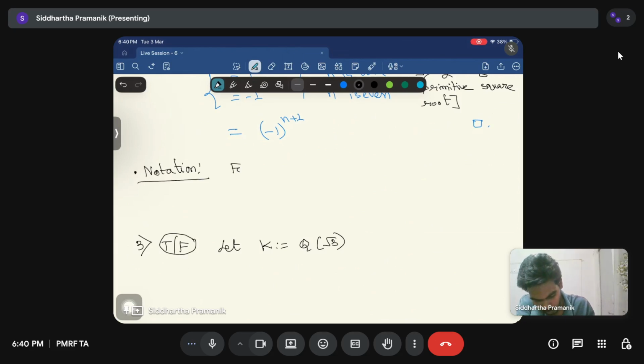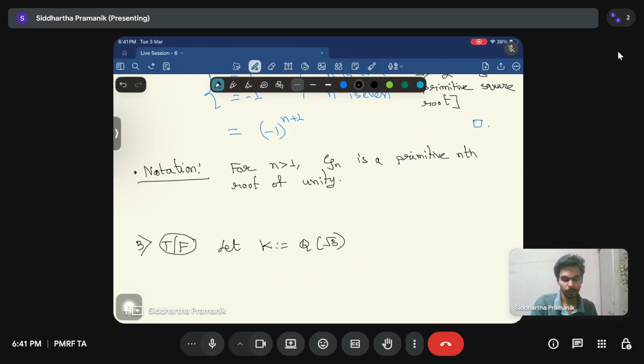For n bigger than 1, zeta n is a primitive nth root of unity. In which field it will be clear from the context, which I will mention. So then, this is true or false.